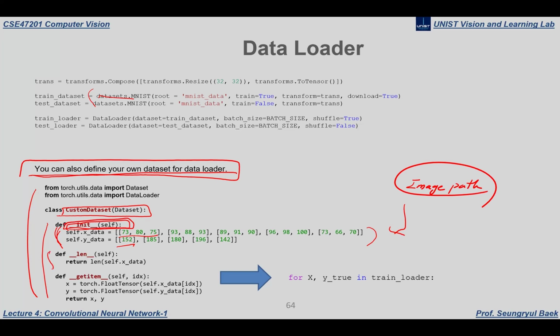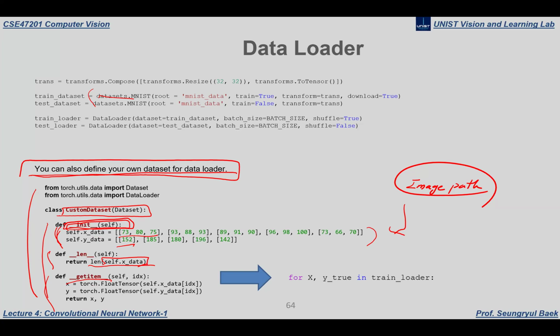And this length denotes how many data items you will use, okay? So here we can just return the length of the X data. And this get item is important, okay? This get item defines in which format you will read the data.